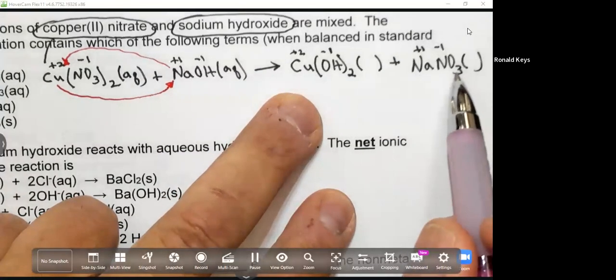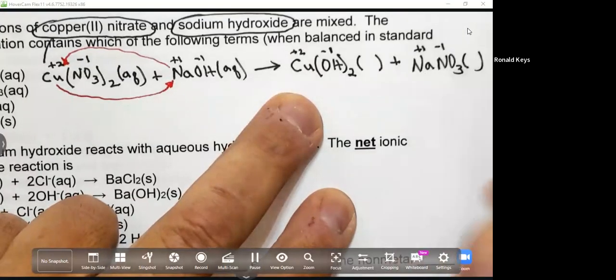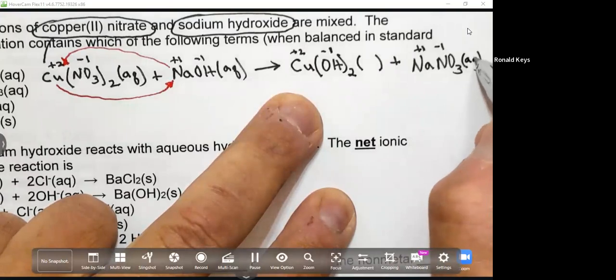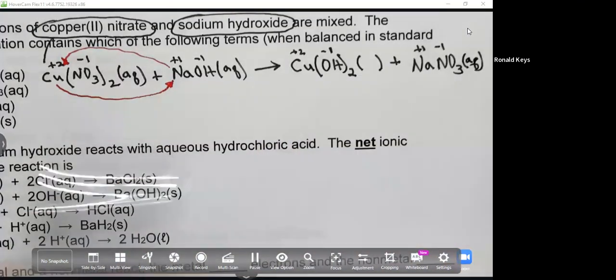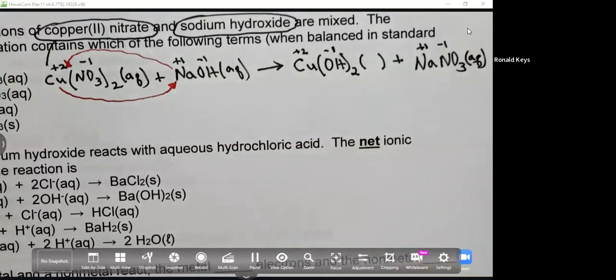Is this going to be aqueous? Absolutely, 100%, 1000%. All sodium compounds are aqueous, nitrates are aqueous. That leaves us with copper 2 hydroxide. Now, the textbook gives you those rules, and you're going to explore those in lab today.